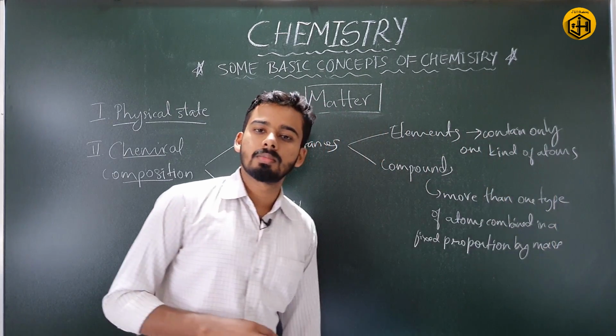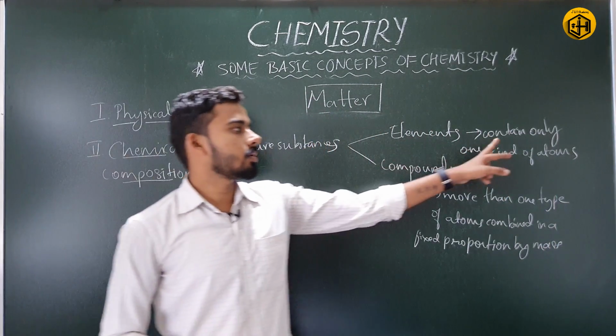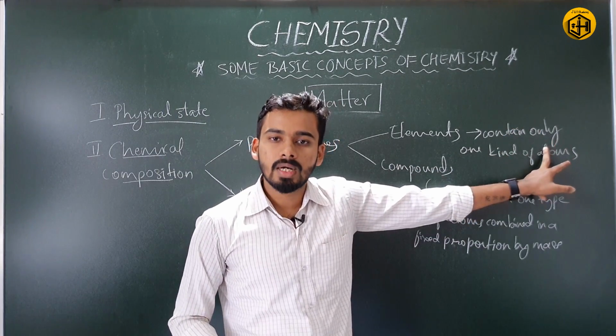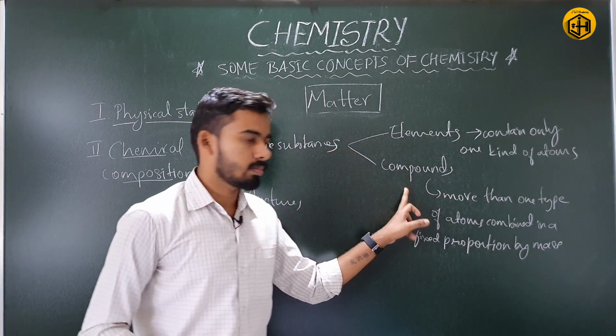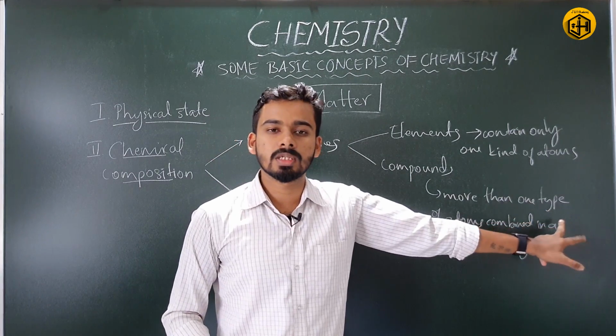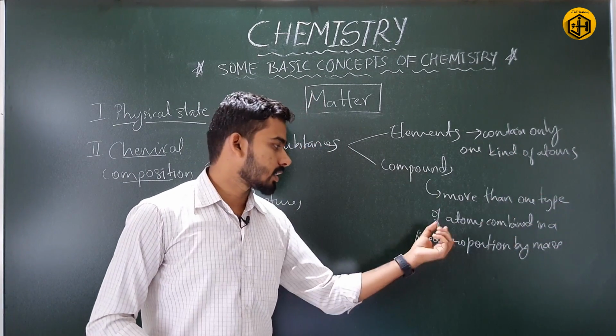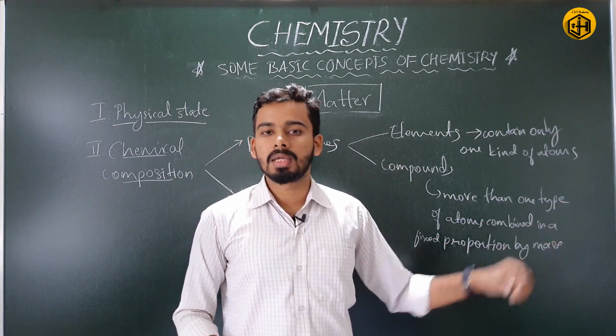Elements have only one type of atoms in their arrangement, but compounds have more than one type of atoms, arranged in a definite proportion by mass.